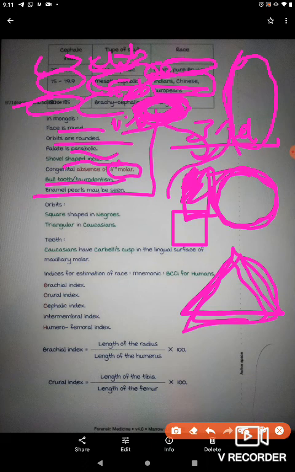Caucasians have Carabelli's cusp present. Carabelli's cusp is present on the lingual surface of the maxillary molar.